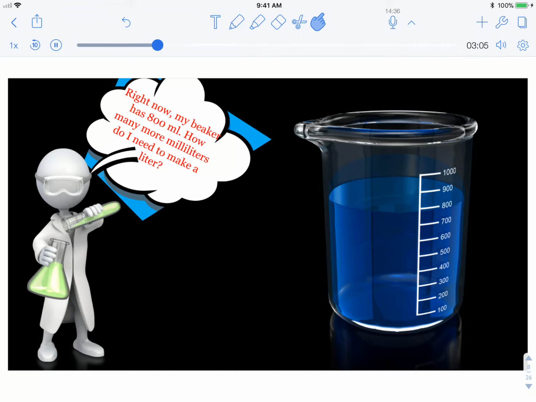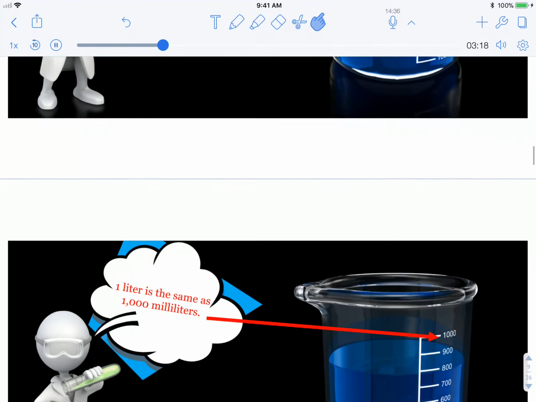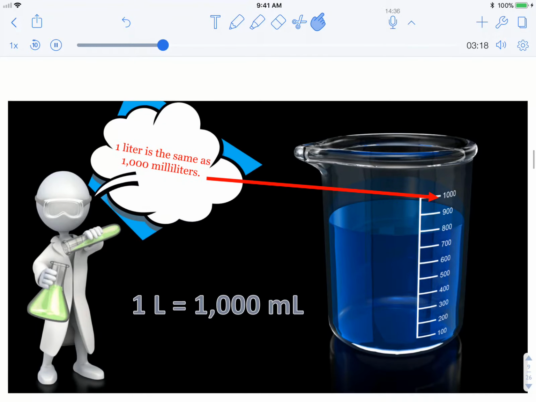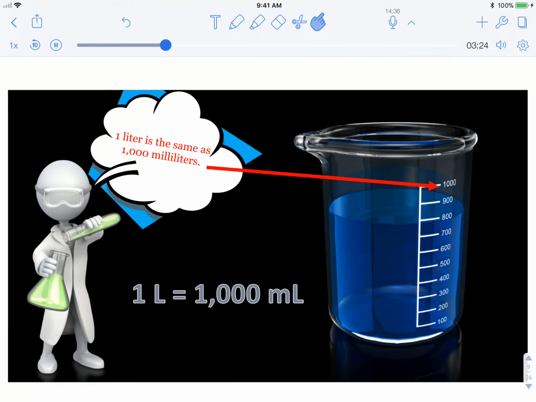Okay. Right now my beaker has 800 milliliters. How many more milliliters do I need to make a liter? So I have 800. I'm going to draw a line for the 1,000 because, did you know that 1,000 milliliters equal 1 liter?